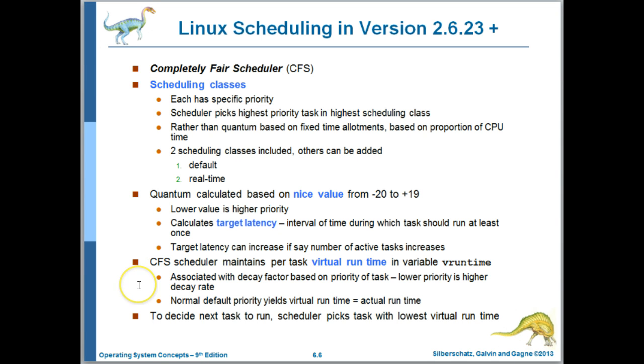And this decay factor is used to determine how much time on the processor a task gets for its quantum. So the decay factor is larger for a low priority task, meaning that its runtime runs out more quickly, and the decay factor is smaller for a high priority process, which means it'll have more CPU cycles on the CPU before the context switch occurs.